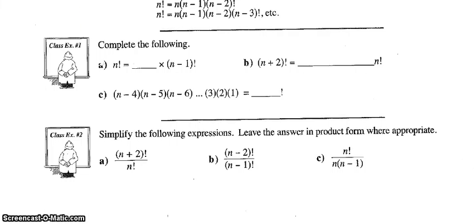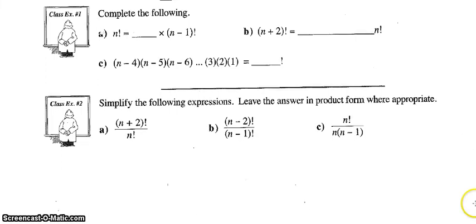Okay, well, let's try the following. More abstract. Okay, n factorial means n times n minus 1, n minus 2, n minus 3 all the way down to 1. All right, and then you can stop anytime. All right, n plus 2, which means your number is n plus 2. So you start with n plus 2. And then what's the number less than n plus 2? 1 less than n plus 2 is n plus 1. What's the number less than n plus 1? It is n.